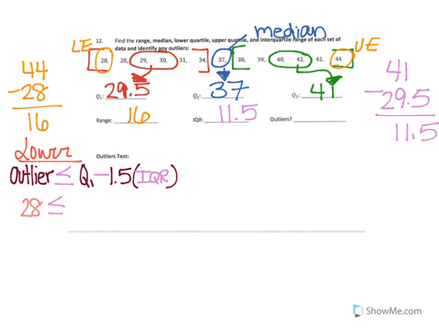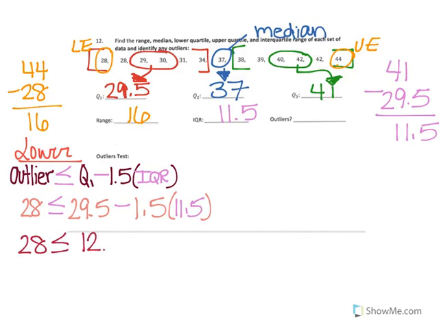So we're saying, is 28 less than or equal to Q1, 29.5, minus 1.5 times our interquartile range of 11.5. And when we plug in this information, we should get 28 is less than or equal to 12.25, which is false.